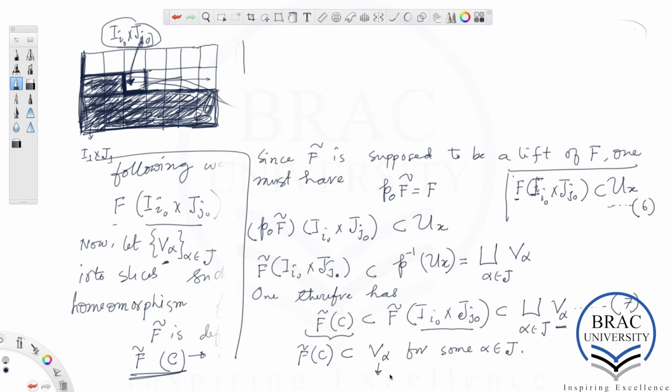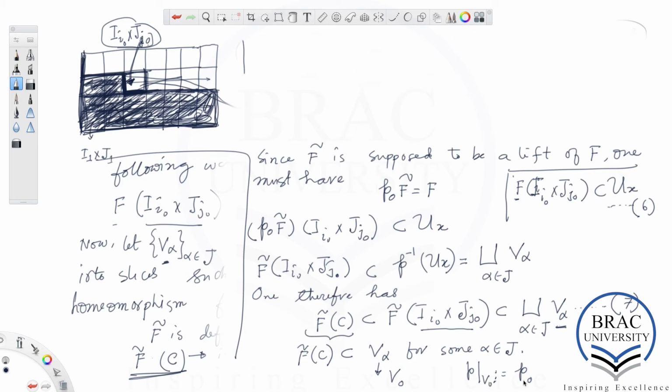We call this V0. And the map P restricted to V0, we call this map P sub 0, or P0. We use the shorthand notation P0 for this restriction.